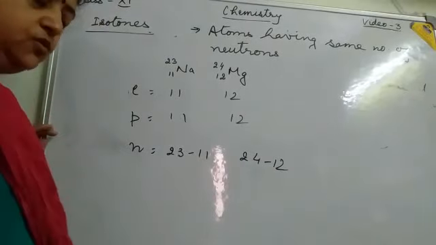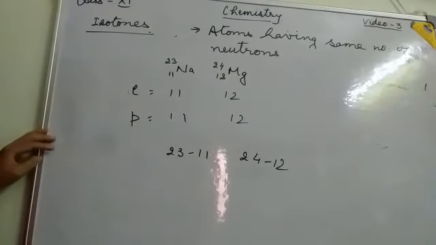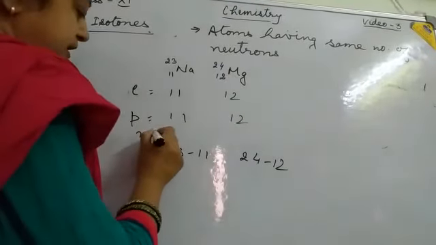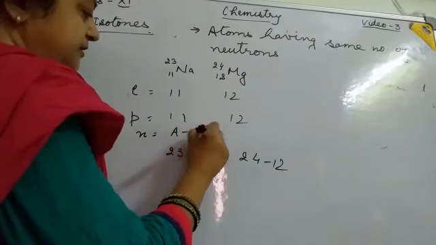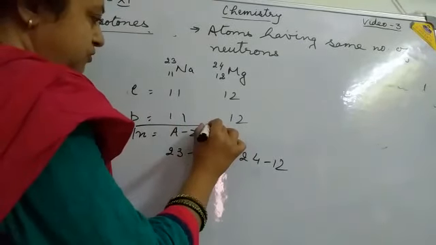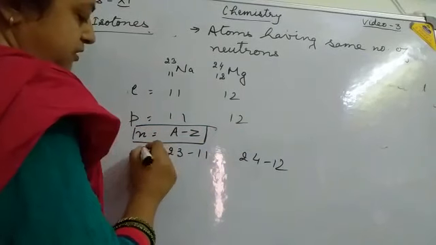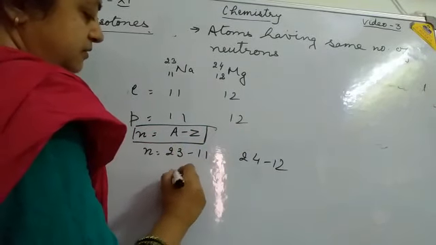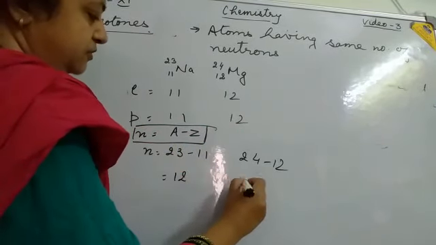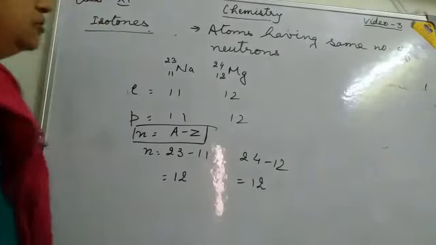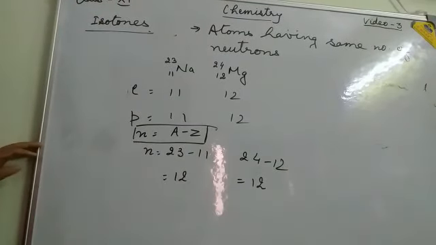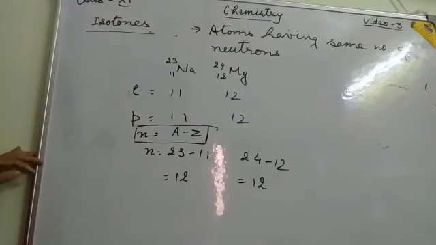As we know, the number of neutrons can be calculated as A minus Z. So here the number of neutrons is 12 and 12. So they have the same number of neutrons.